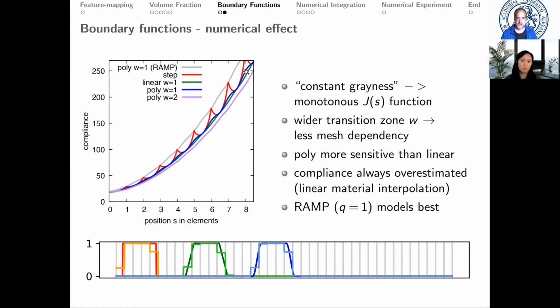It's not as nice for the polynomial one. For the polynomial one, we need to have the case with a transition zone of 2 to have this nice curve. But here, the compliance is always better than what we would have for the conforming mesh.